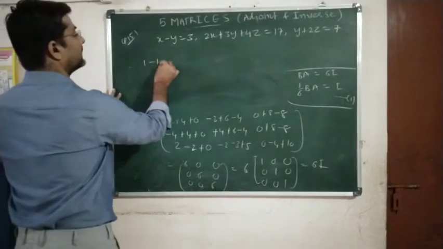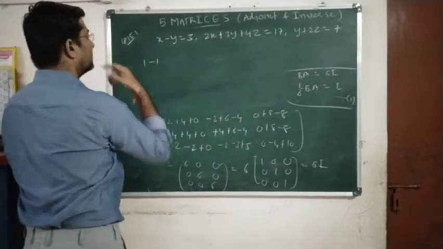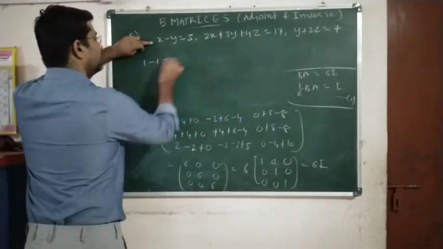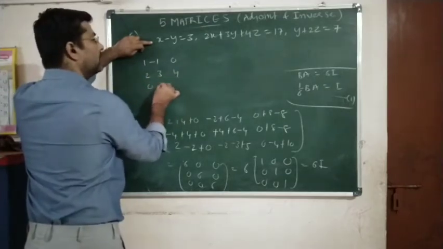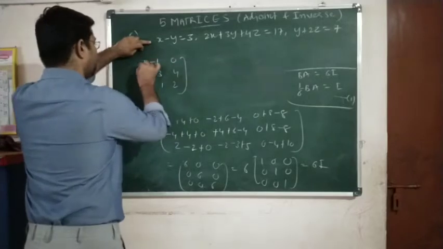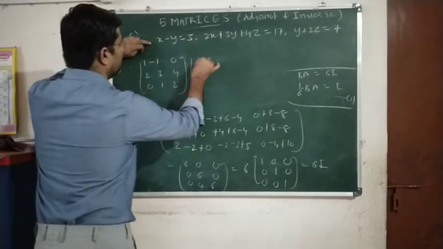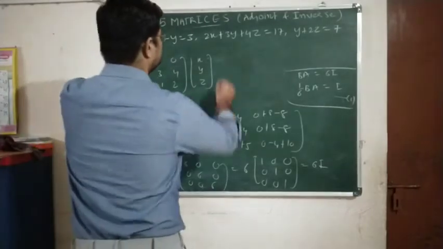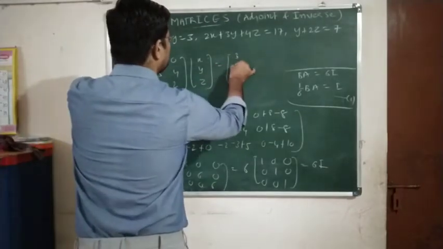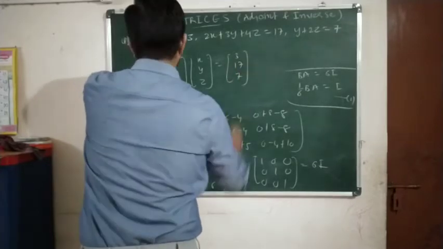Therefore, the matrix with rows 1, -1, 0; 2, 3, 4; 0, 1, 2, into x, y, z, is equal to 3, 17 and 7.